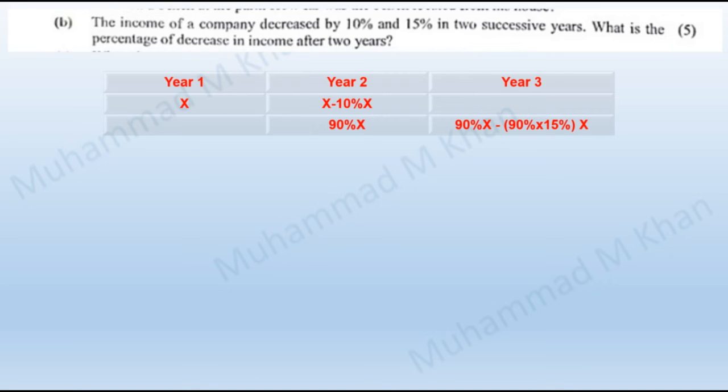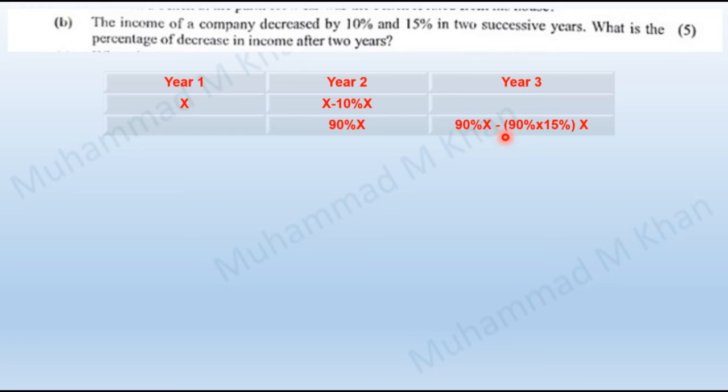If the income of the company in the first year was X, then the income of the company in the second year will be X minus 10% of X, which gives us 90% of X. Now the income in year 3 has decreased by 15%, and that 15% has been decreased from the income of year 2, not from the income of year 1. So the income of year 2 was 90% of X.